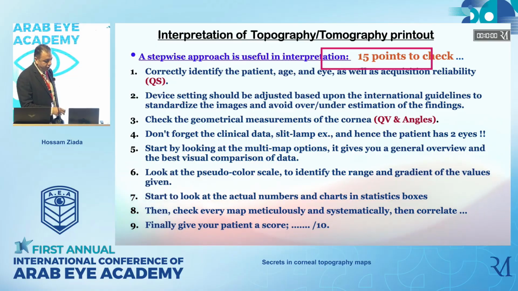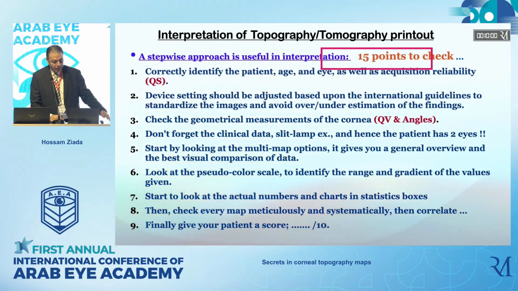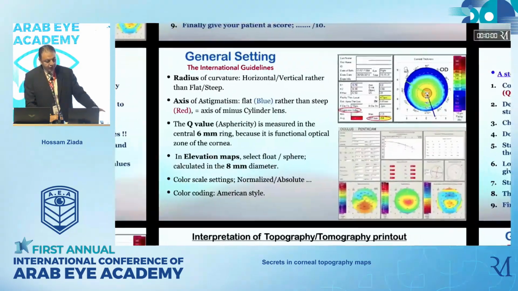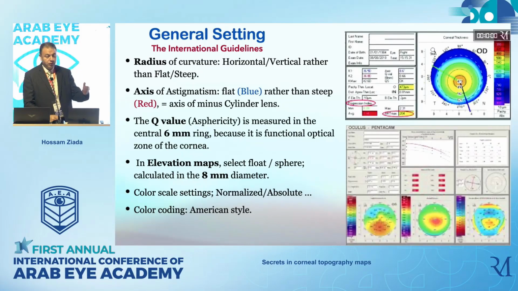But the most important thing to know is that the patient has two eyes, not one eye. Even if you are going to correct one eye, you have to capture both eyes, because you may detect some pathology in the other eye which is not subjected to treatment. And finally, you have to correlate the topographic data with the clinical science, and don't forget that you are an ophthalmologist.